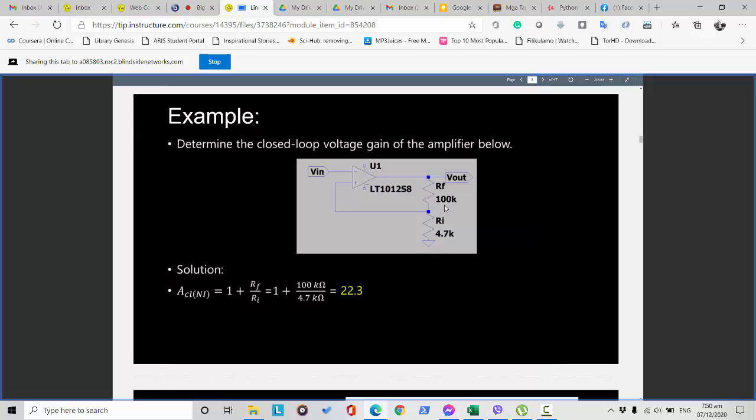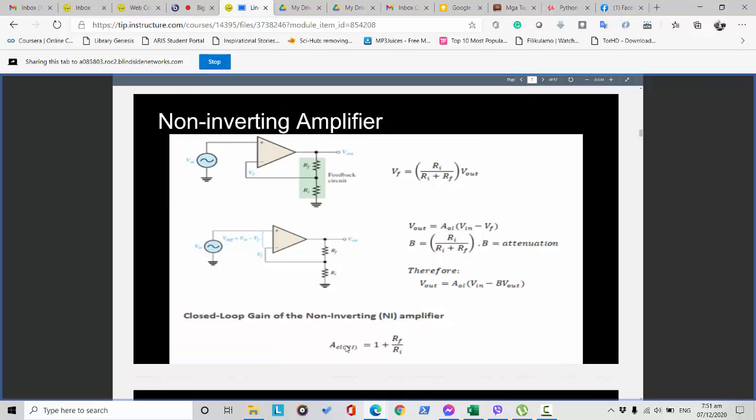The Rf is equivalent to 100 kilo ohms and the Ri is equivalent to 4.7 kilo ohms. So the closed loop voltage gain is this one. Okay, this is the closed loop voltage.